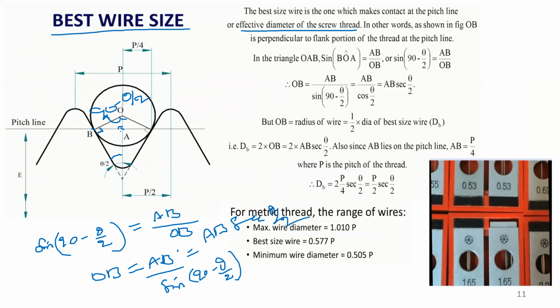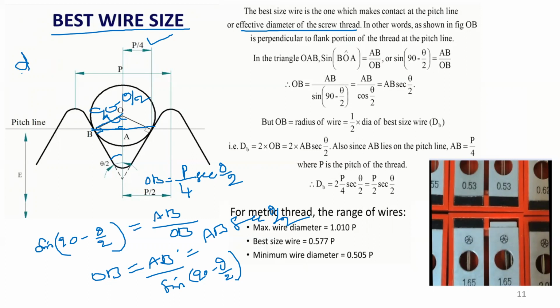But what is AB? This portion is P by 4, pitch by 4, and this portion is also pitch by 4. So AB is nothing but P by 4 secant theta by 2. That is equal to OB. But what is OB? OB is nothing but the radius of the wire.